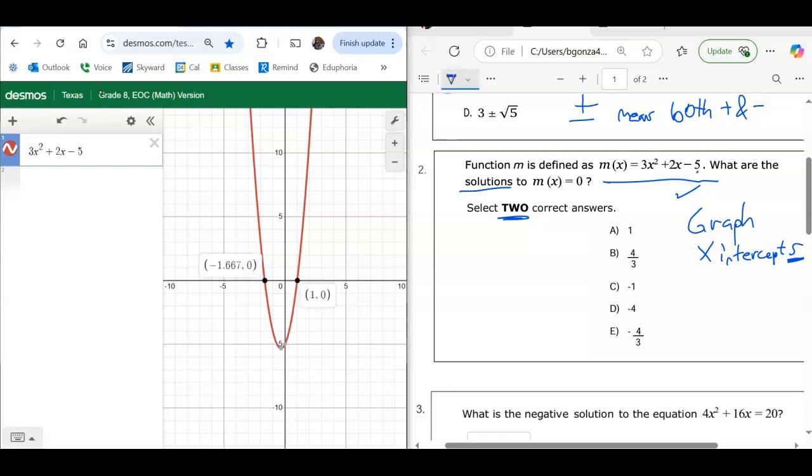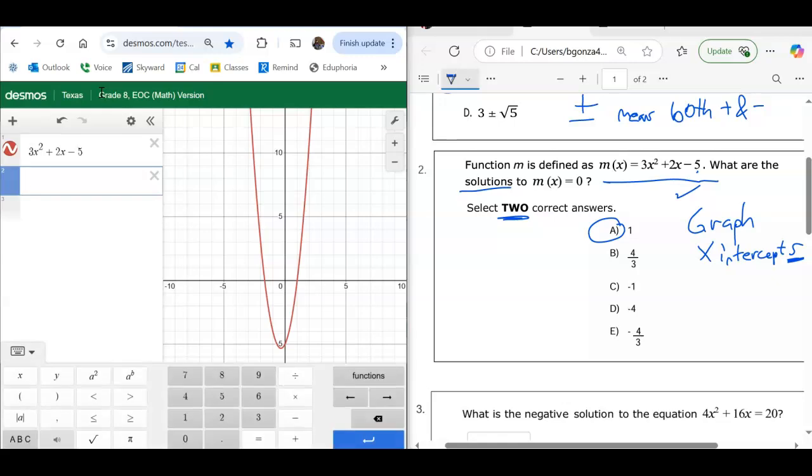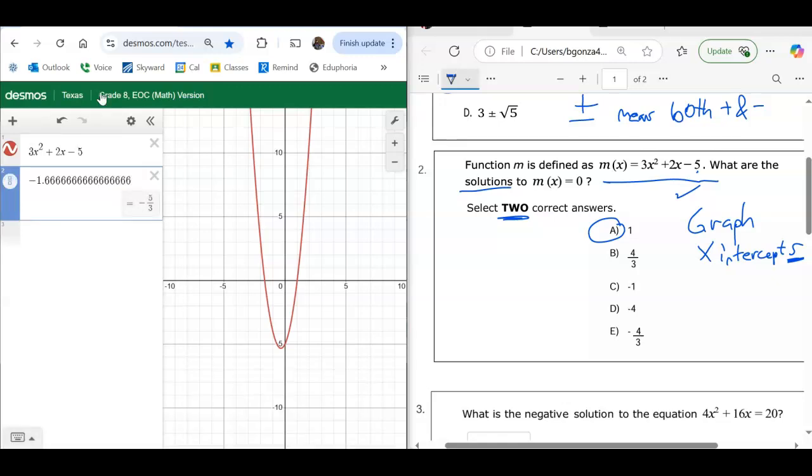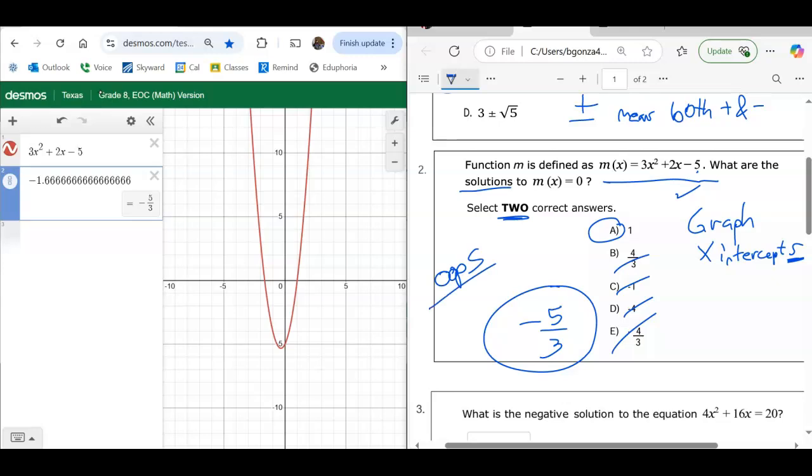Okay. So it should be 1 and negative 5 over 3. Again, there's a typo on letter E. My bad.